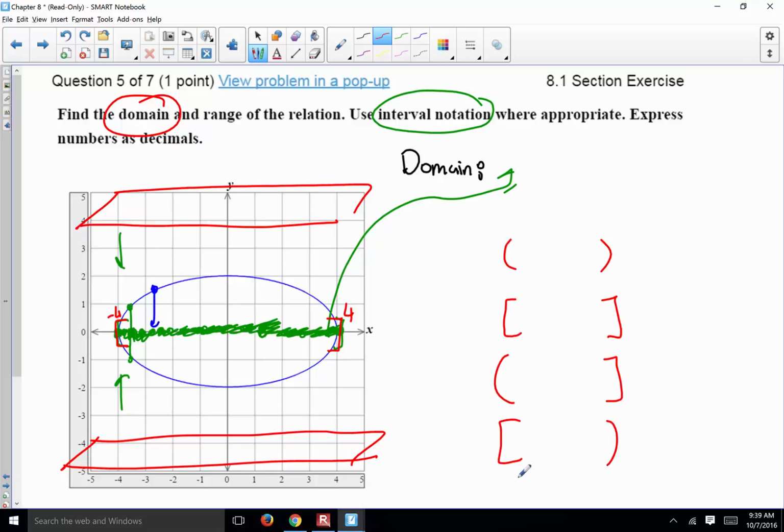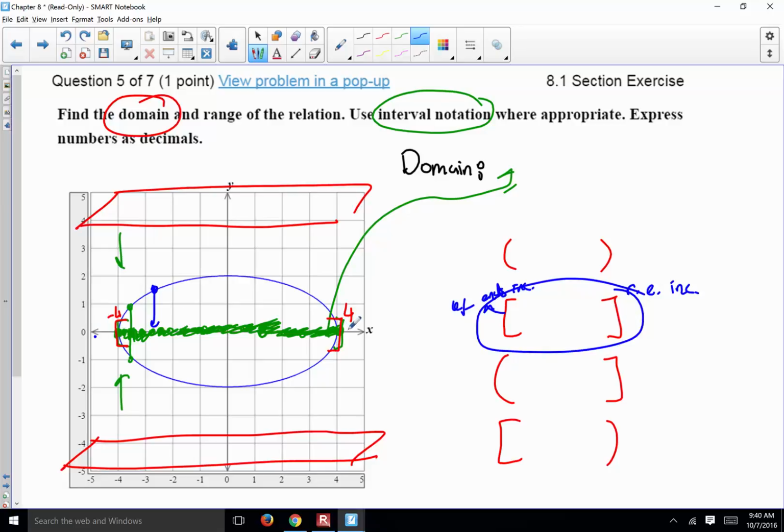You need to pick one. Bracket means endpoints included. So are we gonna include endpoints here, -4 and +4? Do we have a dot there? Really filled in dot? Yes. So we need to go with this option.